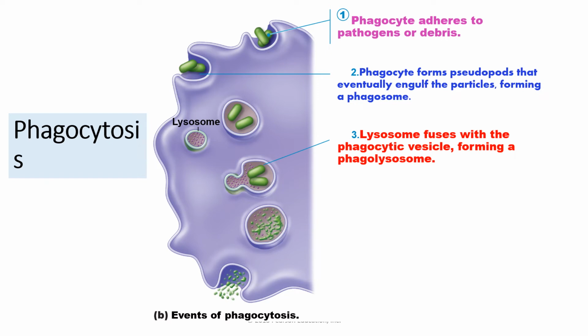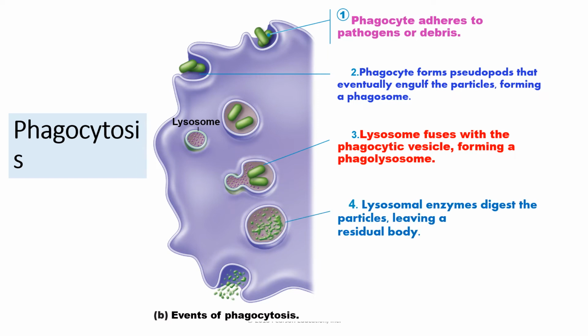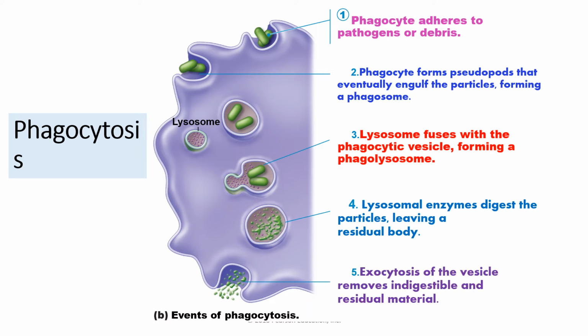Now this phagosome fuses with lysosomes to form phagolysosomes. The lysosomal enzymes digest the particles, leaving a residual body. And after that, the final step is exocytosis of the vesicles, removing all the indigestible and residual material, and the pathogen has been rendered ineffective.